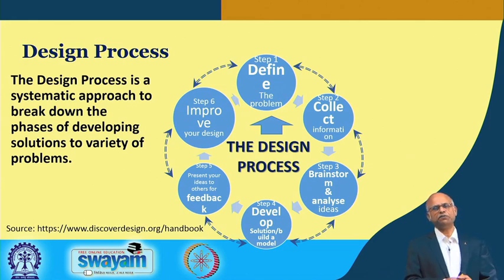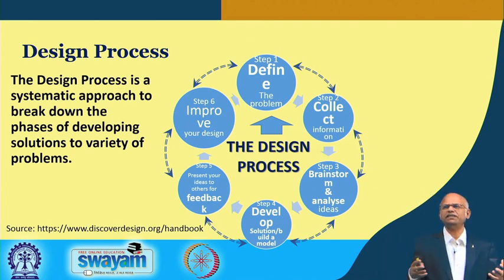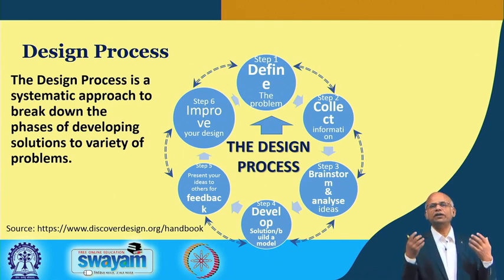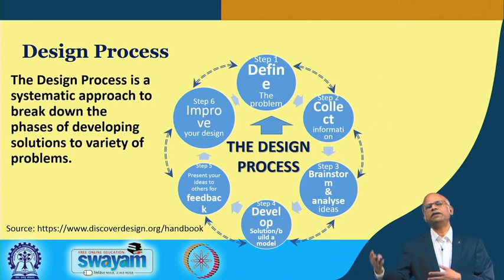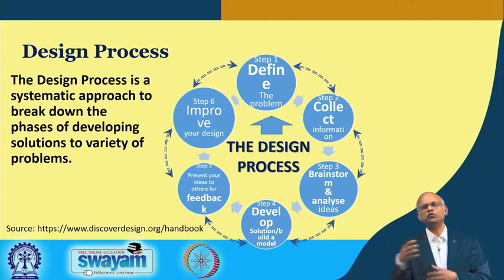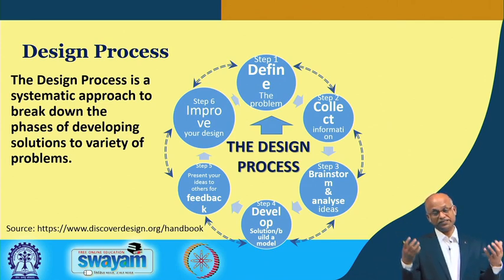Step 1 is define your problem, step 2 is gather data. Unless you define the problem completely or more exhaustively, the solution will elude you, obviously, because if you try to find a solution with partial knowledge about the problem, then you may actually aggravate the part that you do not see. So, that is why it is necessary to define the problem completely.